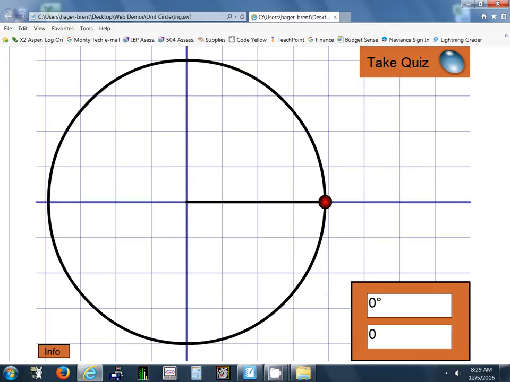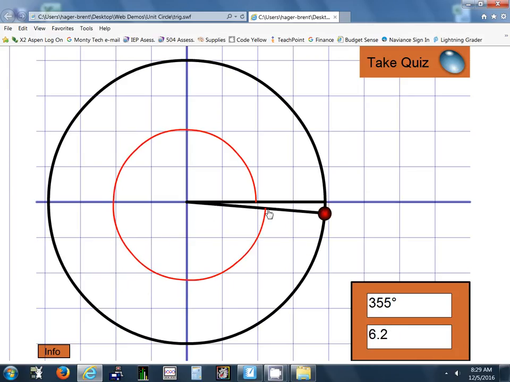I can only move the terminal side, so all angles that I draw are in standard position. There's an angle that's 124 degrees, and I can keep going until I make one complete counterclockwise revolution. It's kind of hard to stop right on it, but it's 360 degrees.